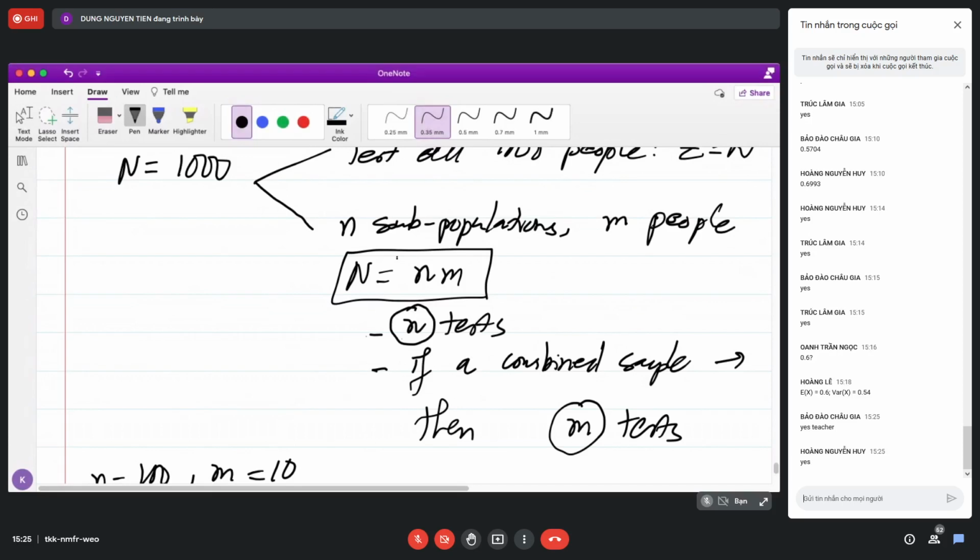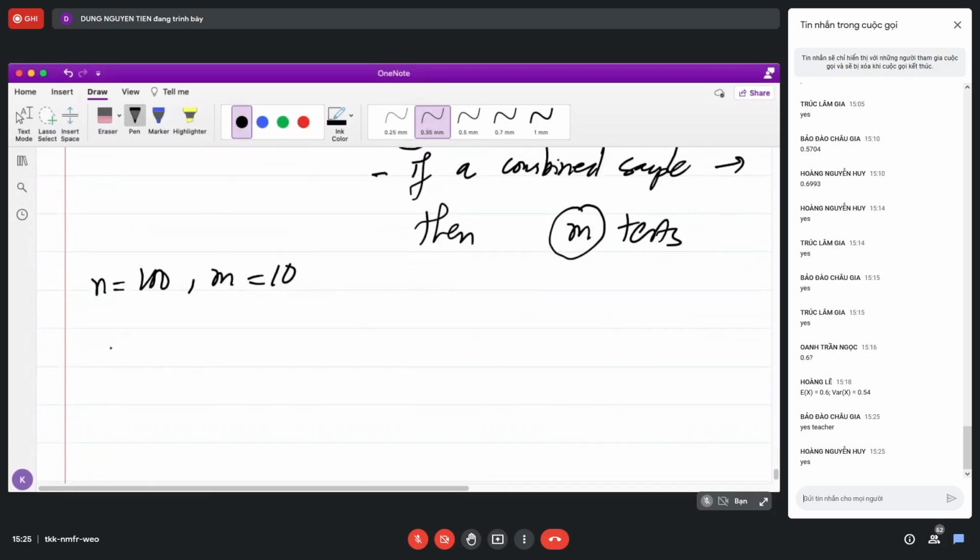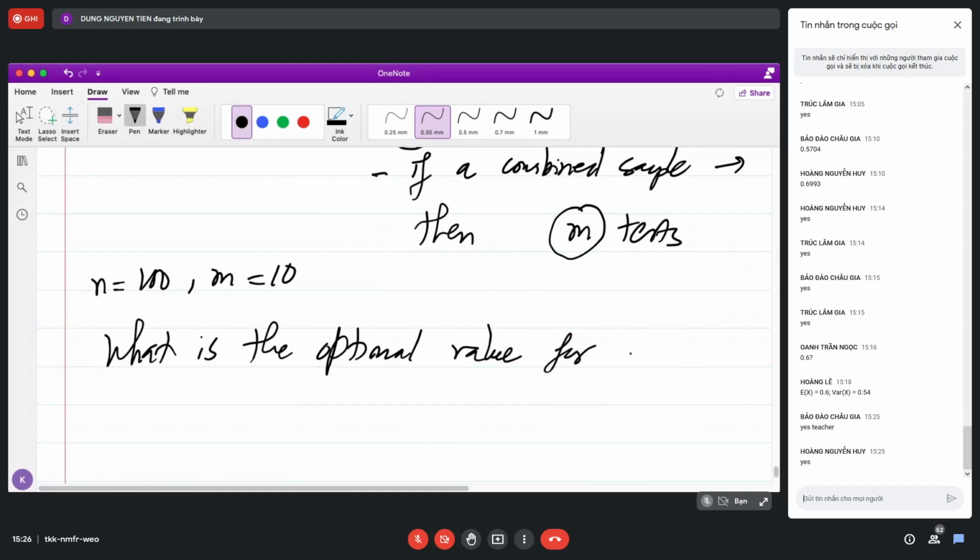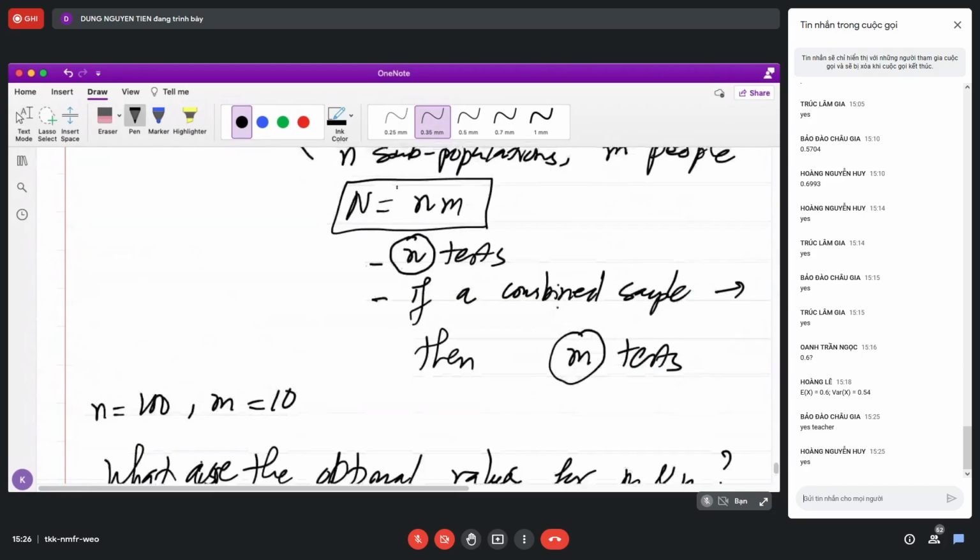All right. So here's my question. What are the optimal values for n and m? Do you know them? Can you do that? How can we do it?